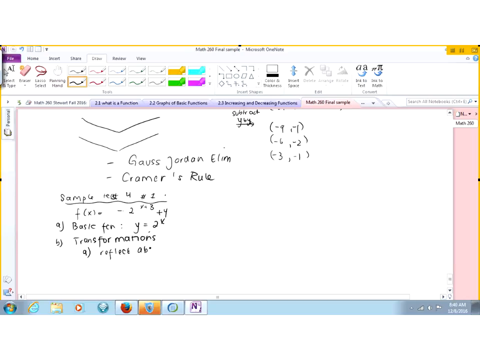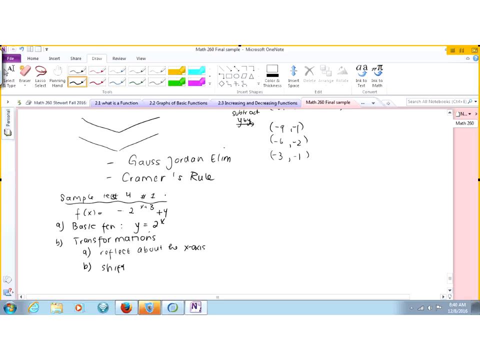Yes, reflect about the y-axis. Y or x? No, it's actually x. Yes. Right? So the y changes, one positive, the other one's negative.